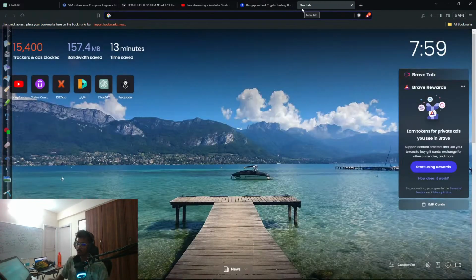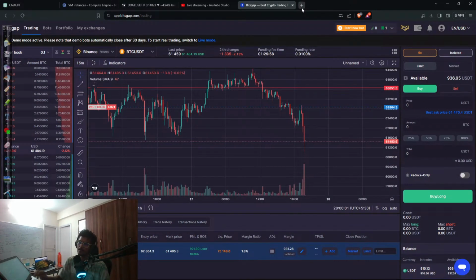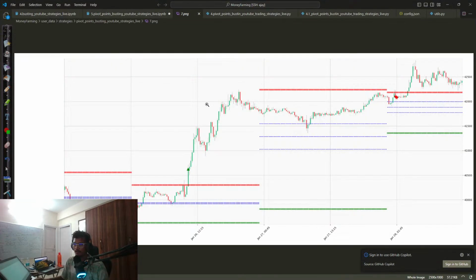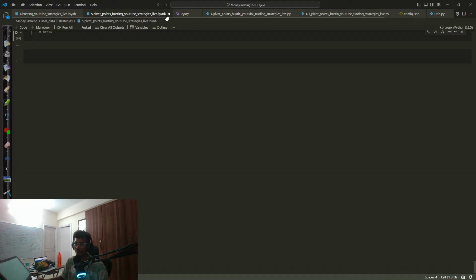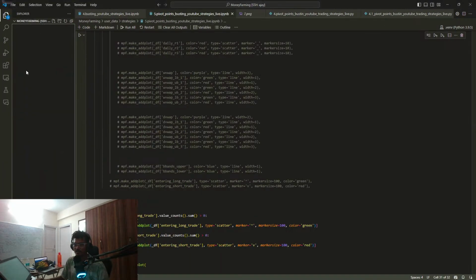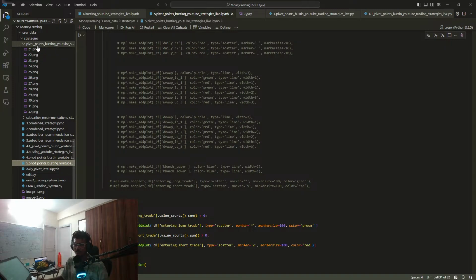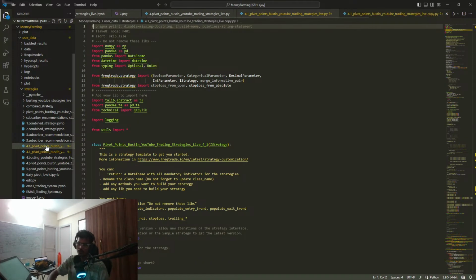All right. So we're going to code the candlestick pattern. Okay, 4 hour. Let me bring it here. Have you tried coding this on your own? Have you guys tried it? Okay. Let's code that multiple time frame.